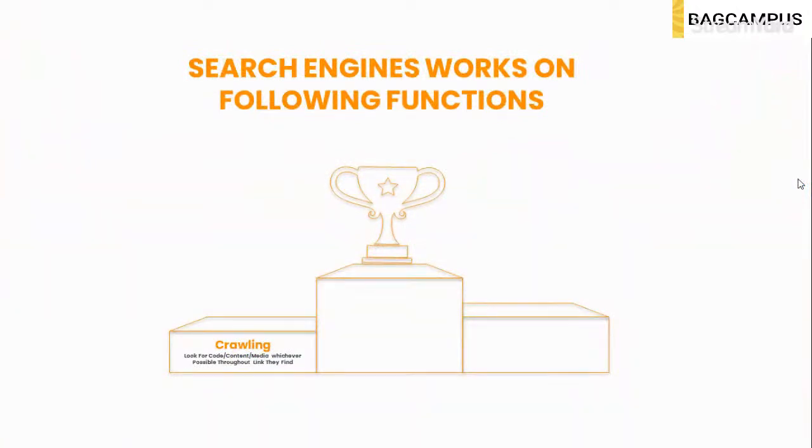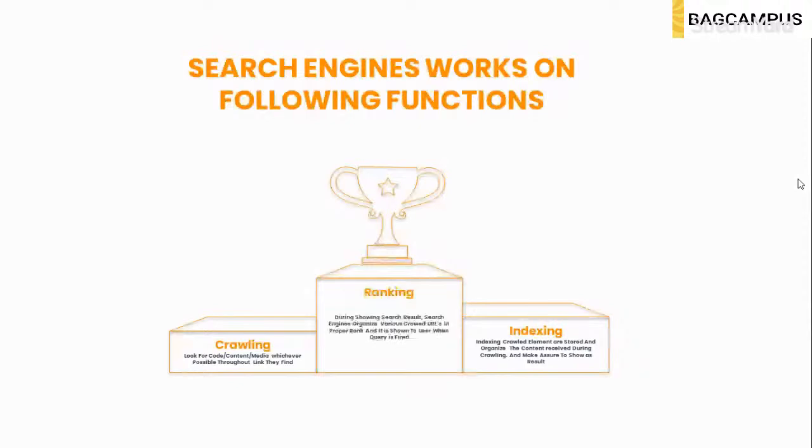We discussed that firstly the search engine crawls. Basically, we took a tour of Google's crawl. It looks for code, content, media, whichever it can find through links. Then they do indexing. In indexing, the crawled elements are stored and organized, so the content received during crawling can be shown as a result.